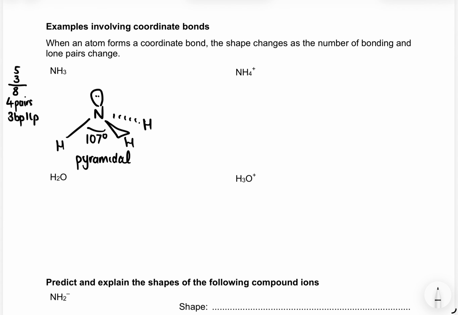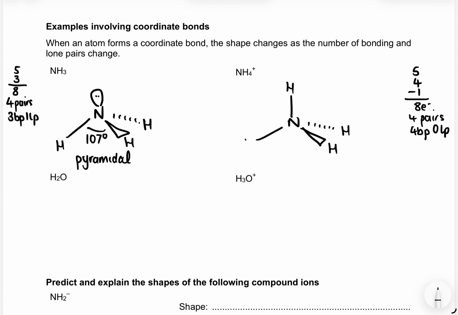Now if we do NH4+, we've got nitrogen in group 5, 4 hydrogens and a plus 1, which means we minus an electron. That's 8 electrons or 4 pairs. But we've got 4 things, so 4 bond pairs and 0 lone pairs. Now the 4 bond pair, 0 lone pair shape is the tetrahedral shape. One of these was a coordinate bond.